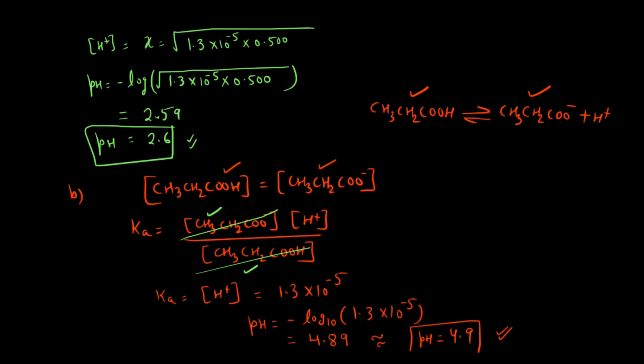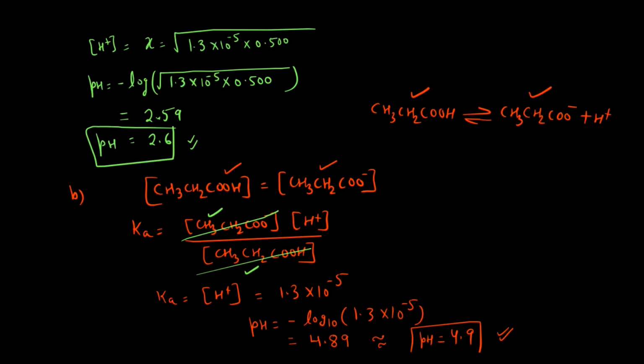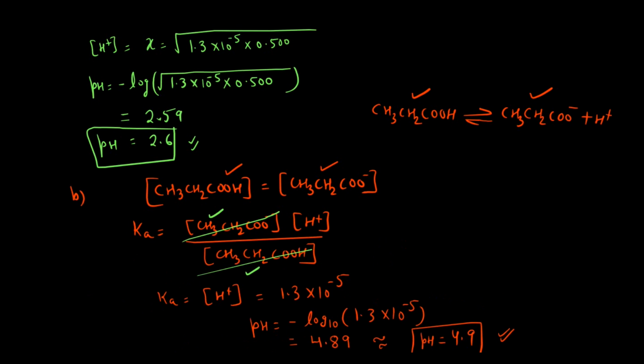So this is the pH of propionic acid. So it will start from 2.6, and at pH 4.9 half of the acid has been converted into propionate ion.